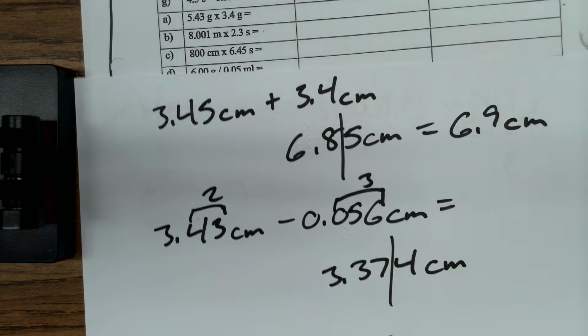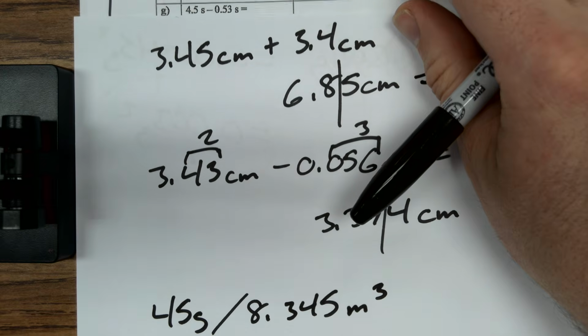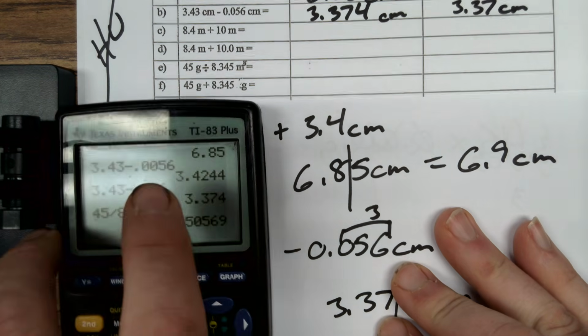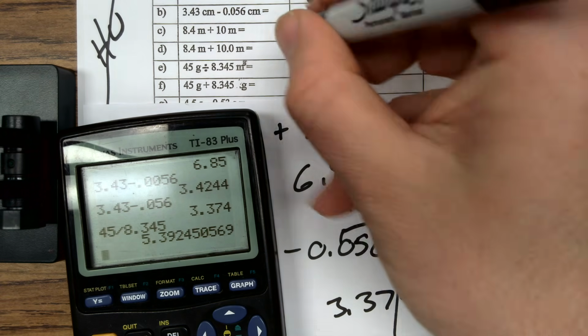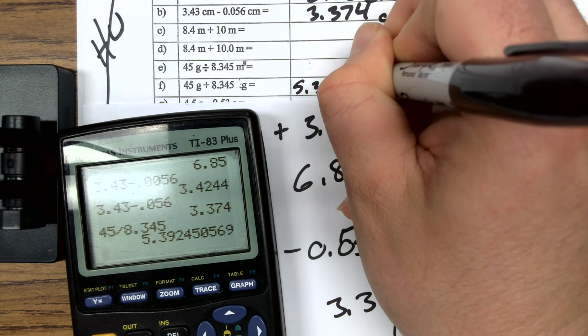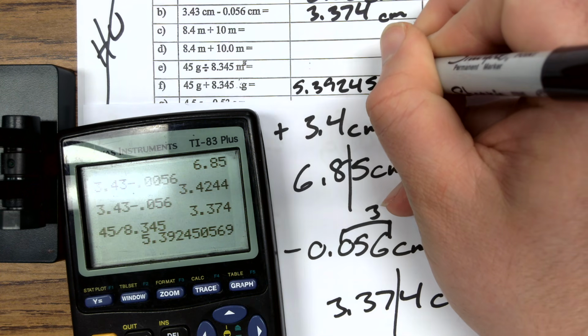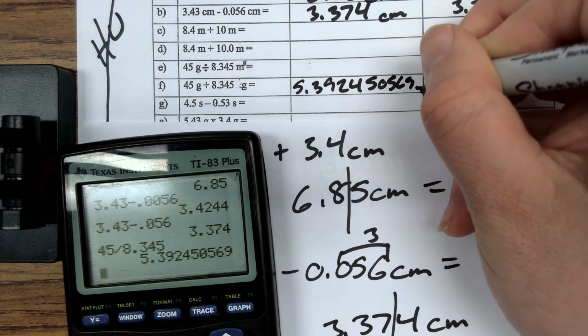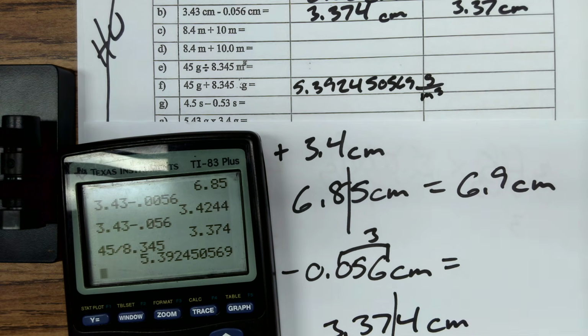It just keeps going on, right? 5.392450569 grams over meters cubed. Oh well.